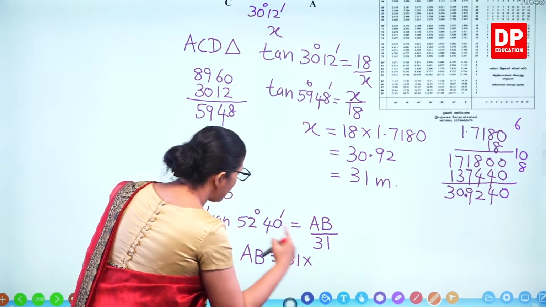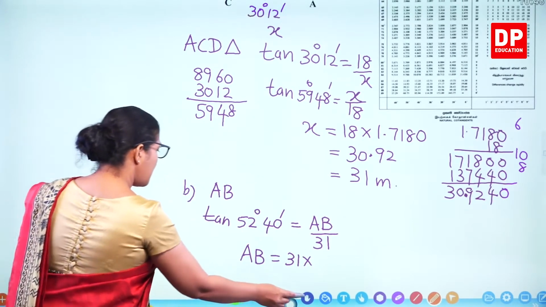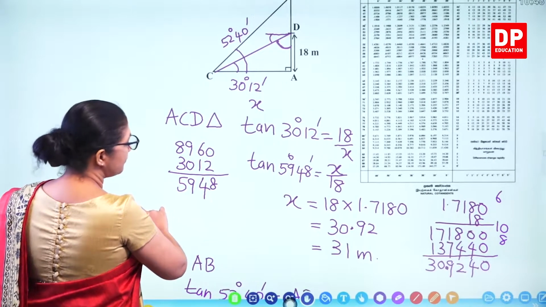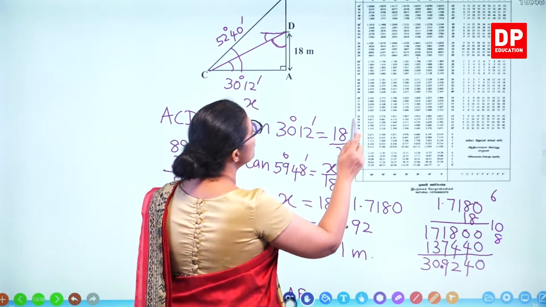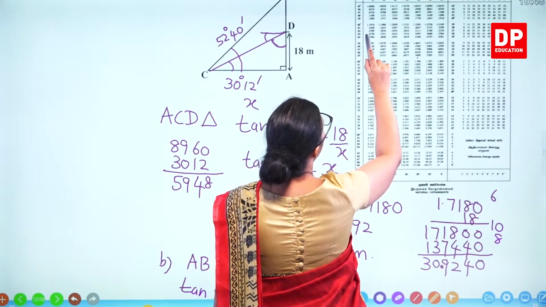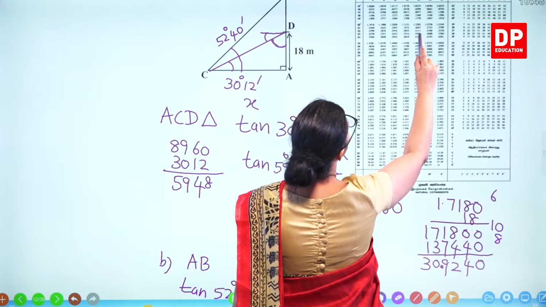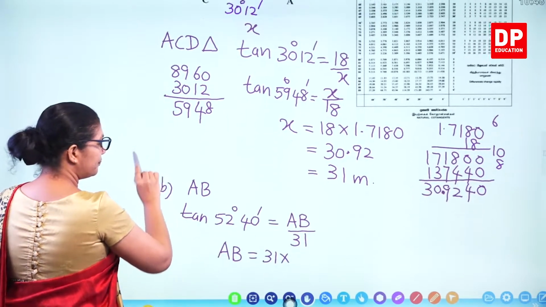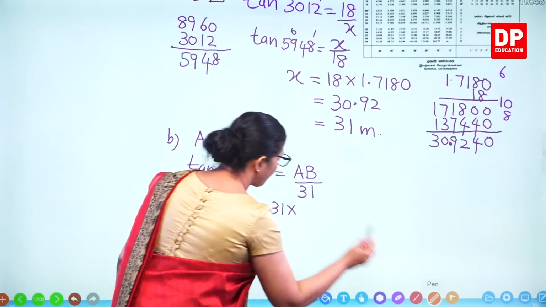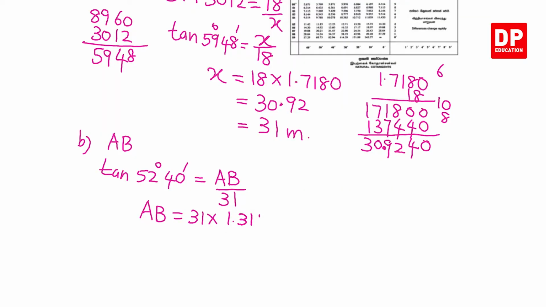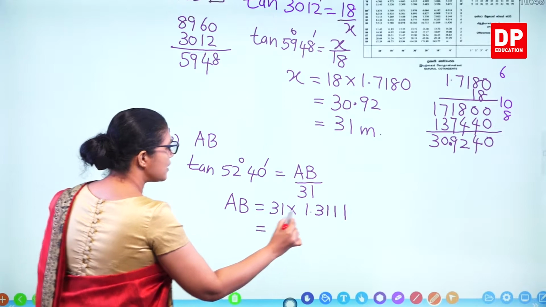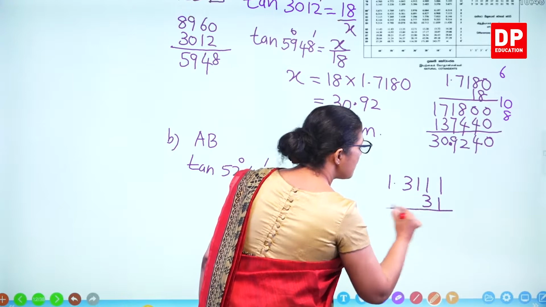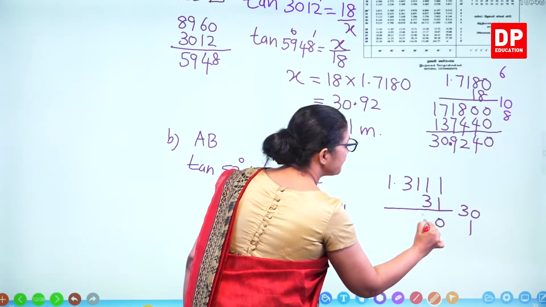AB is 31 times tan 52 40. Again we'll check the tan table, 52 40. 1.3111 is the table value. So now multiply 1.3111 by 31.